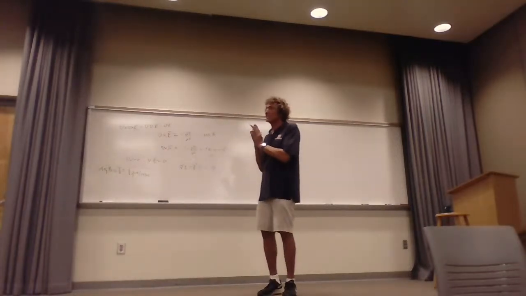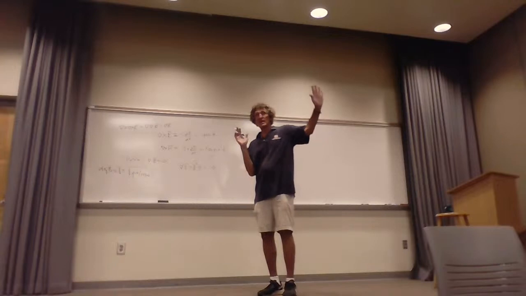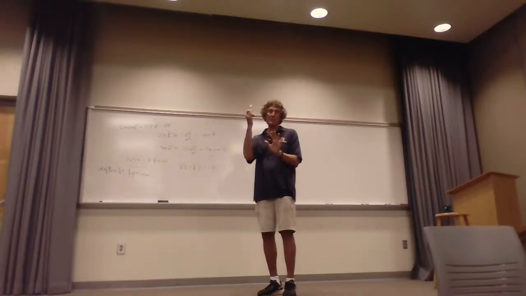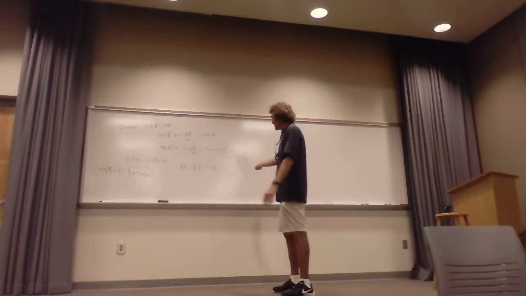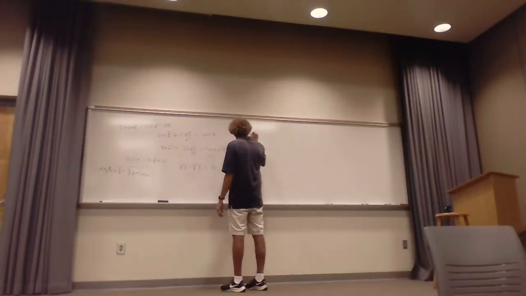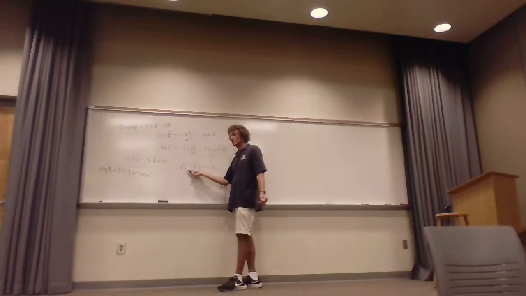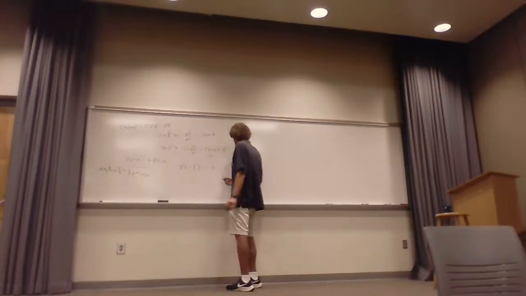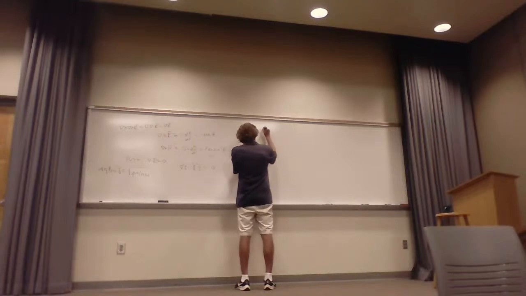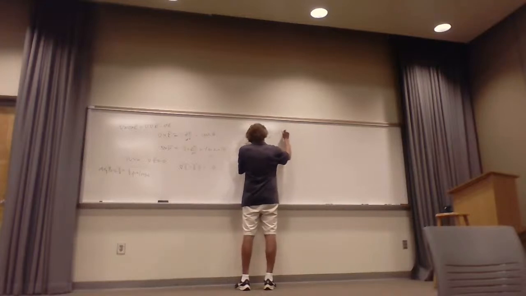We assumed we have plane waves, right? And the waves were only varying with Z, and they only had an X component, right? So when we solved this equation, this became just the second derivative of E_x with respect to Z squared, minus gamma squared E_x equals 0.